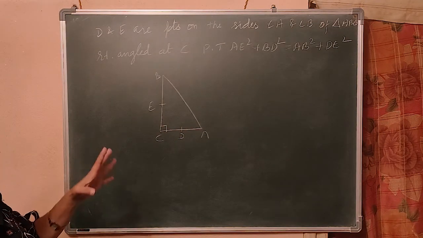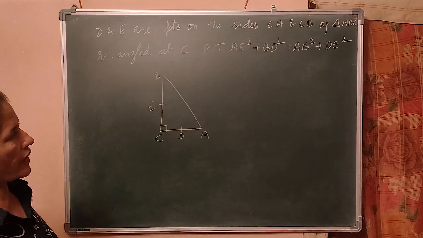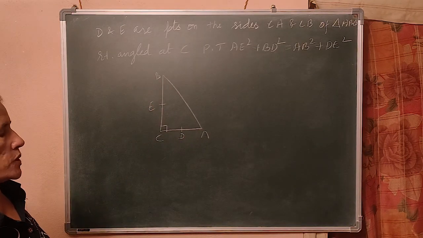Prove that AE square plus BD square is equal to AB square plus DE square.